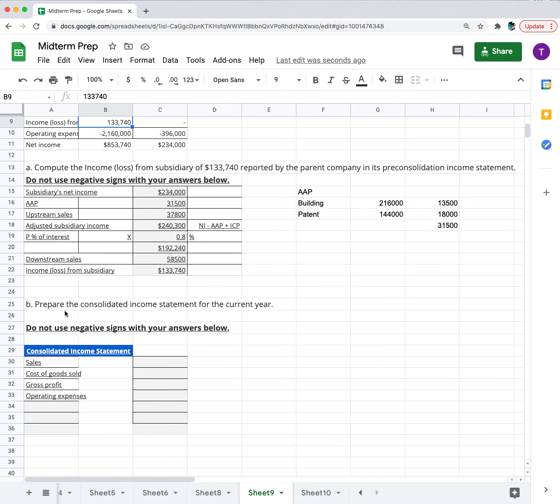And B asks us to prepare the consolidated income statement for the current year. So we have sales, cost of goods sold, gross profit, operating expenses. That'll give us net income, and then we'll break it down as the net income attributable to the NCI and the net income attributable to the CI.